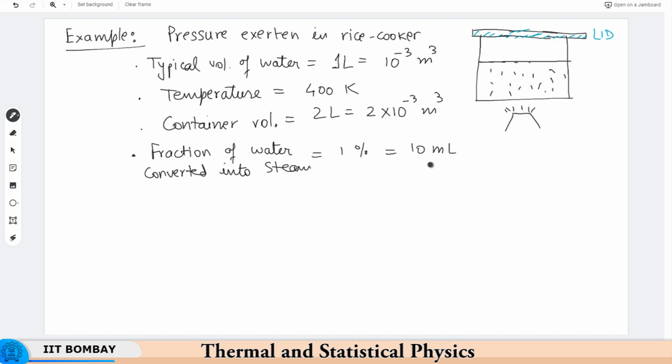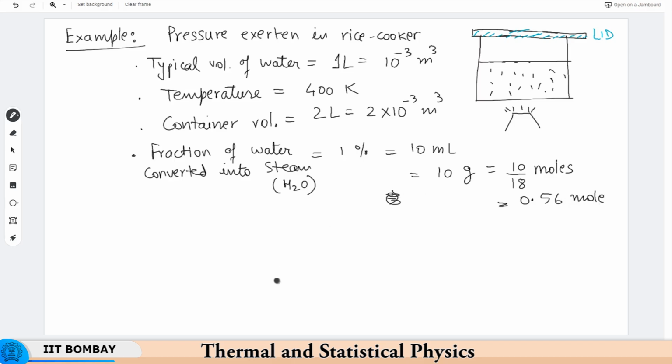Since the density of water is 1 kilogram per liter, this is just 10 grams. How many moles of water does it correspond to? The molecular weight of water is 18, so this is 10 divided by 18 moles, which is about 0.556 mole.